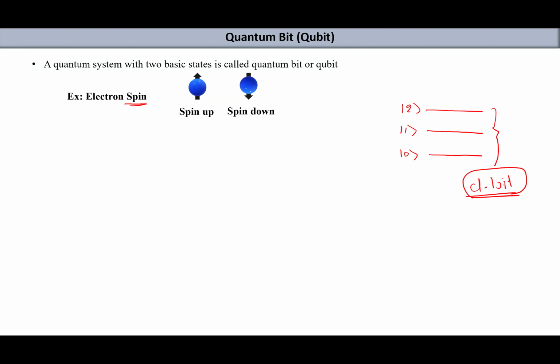People are trying to create quantum computing with more than 2 states. But the only issue people are facing is creating gates. Creating gates is not going to be so easy, or it's going to be too complicated for them if you go beyond 2 states.